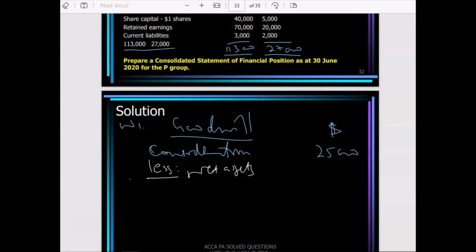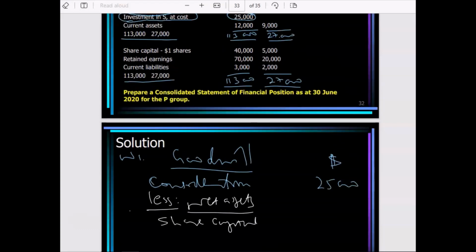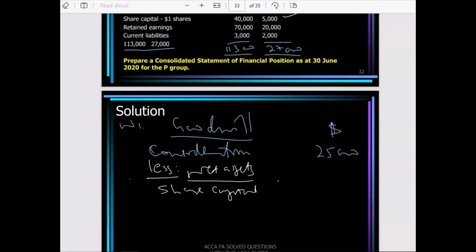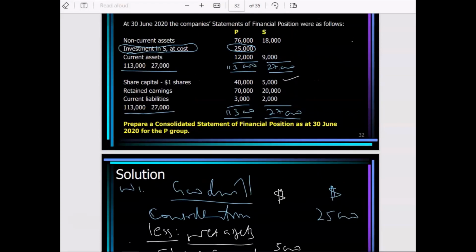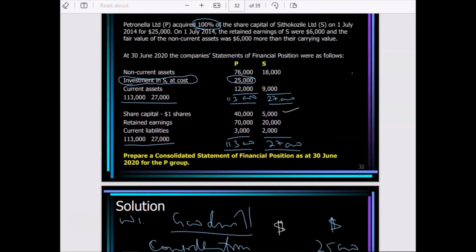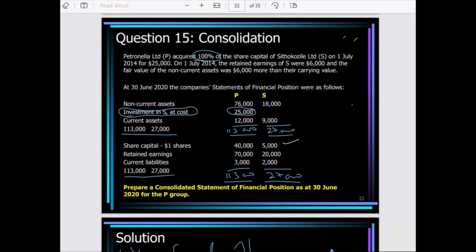Net assets at acquisition. The net assets of the subsidiary, we are looking at the share capital. The share capital is presumed not to change. We just take the share capital there, 5,000. So you can have another column here, 5,000. And then when this subsidiary was acquired, it had its own retained profits.